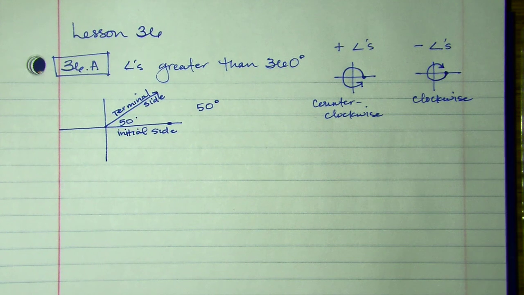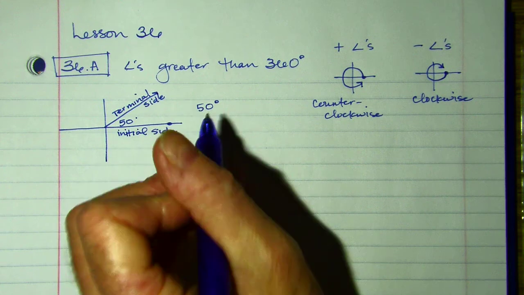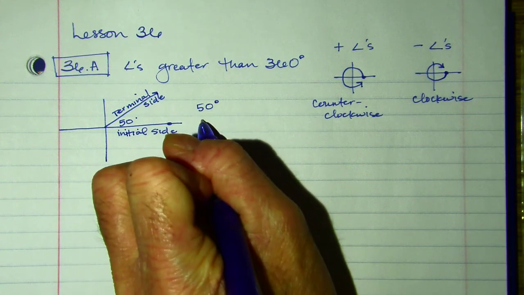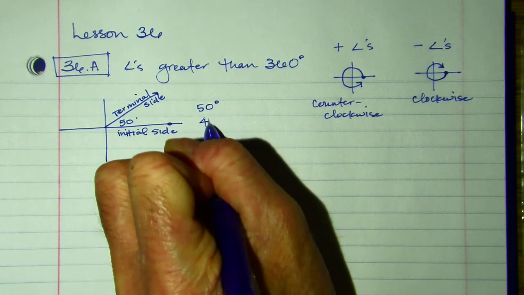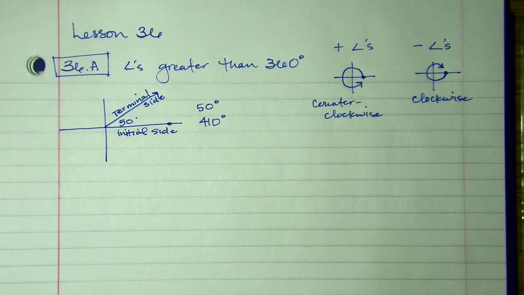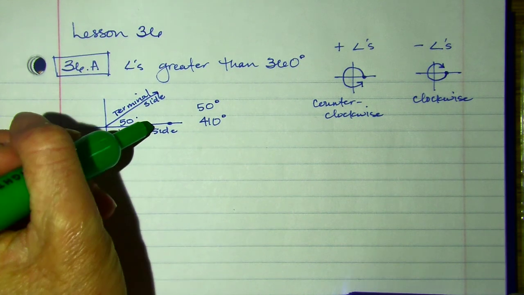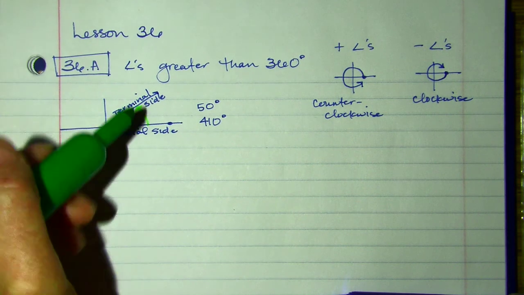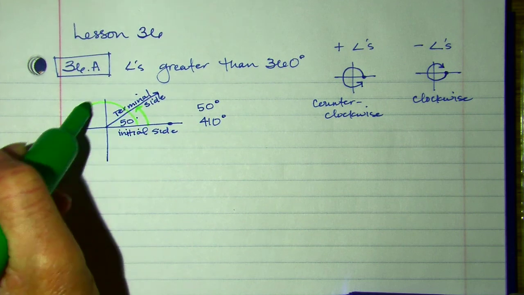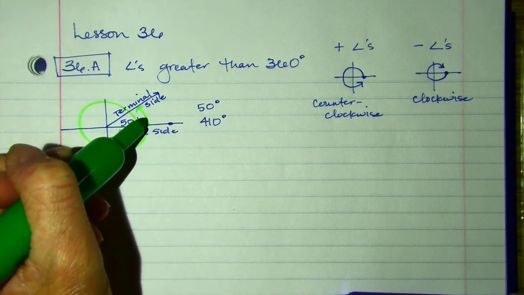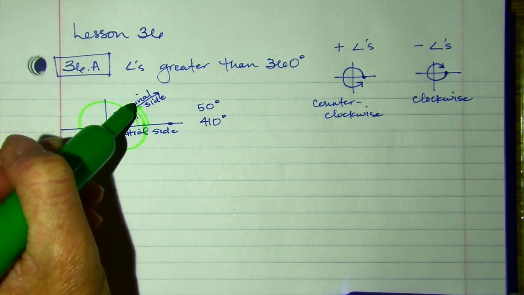So this section wants to go over that multiple angles can share the same terminal side. So 50 and 410 share the same terminal side. So for example, here is 50 degrees, but here is 360 plus 50, which is 410.